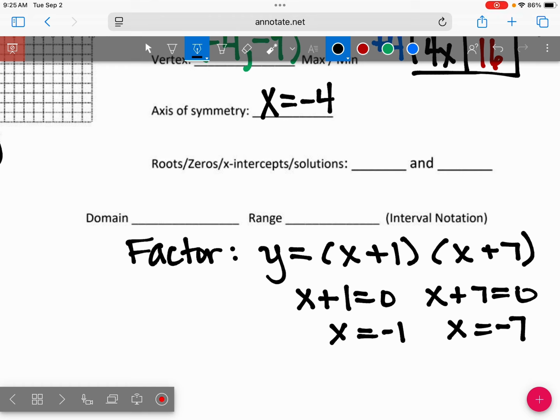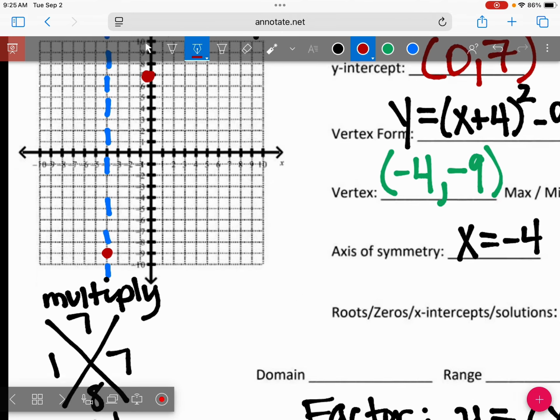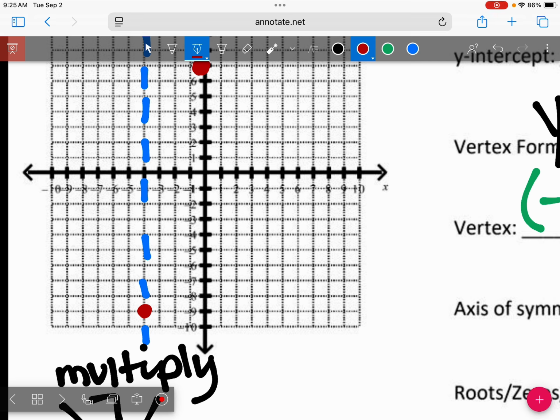Now let's go to our graph. Let me write that here. X equals negative 1. X equals negative 7. All right, now let's go to our graph and put a point there. Negative 1, negative 7.